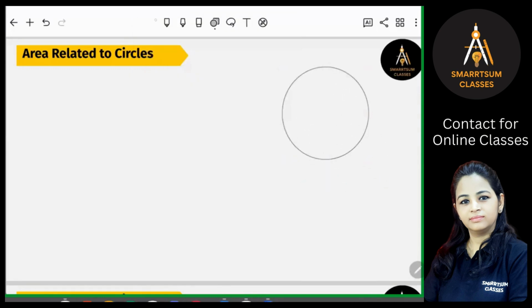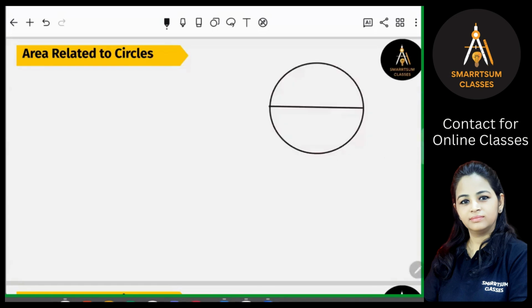Now, for this circle, we have circumference, area of the semicircle, and area of the quadrant of a circle, right? So you can see a circle here.